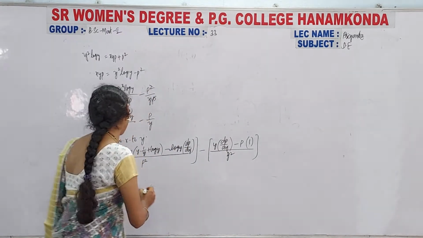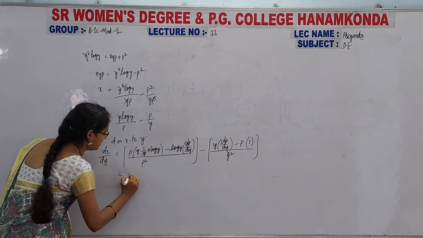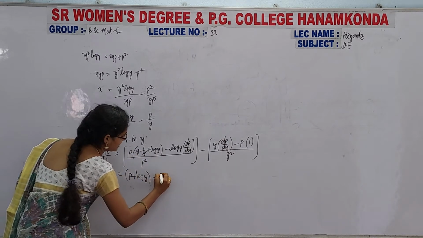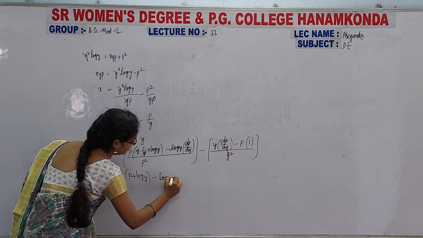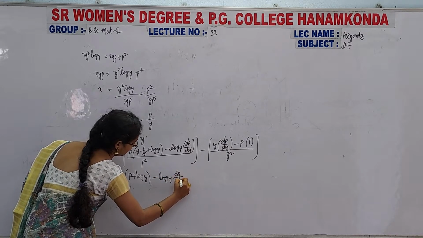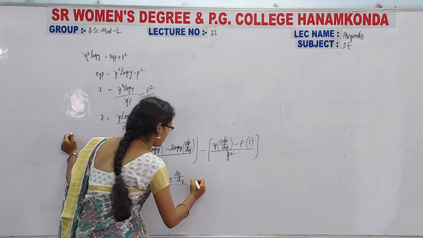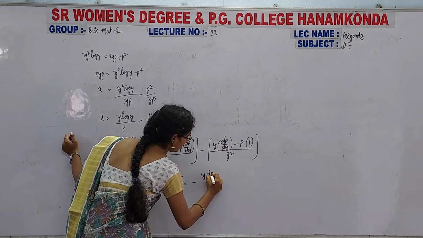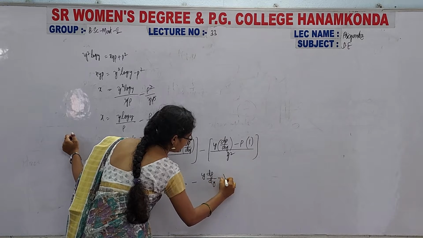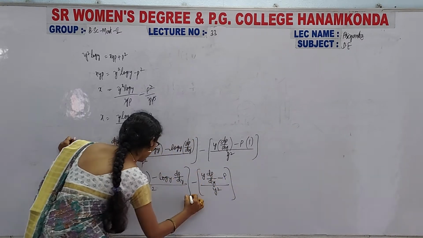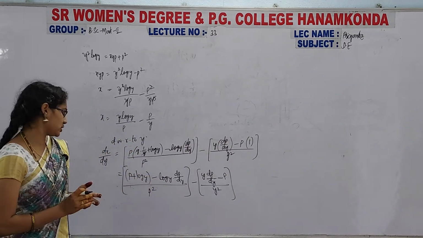Okay, so now here y get cancelled, p plus log y minus log y into dp by dy, whole divided by p square. Next minus y into dp by dy minus p by y square. So this is nothing but the value of dx by dy.